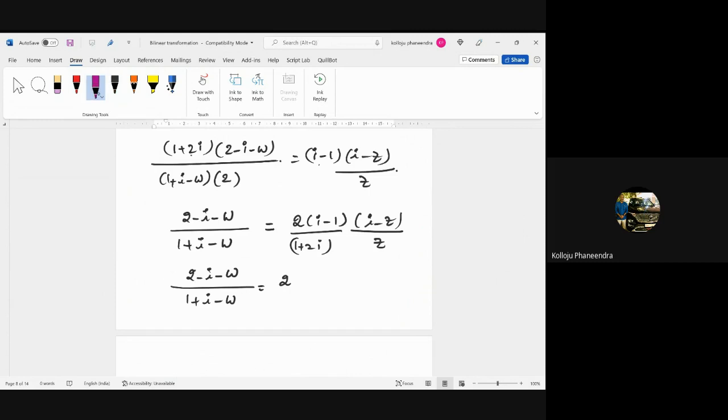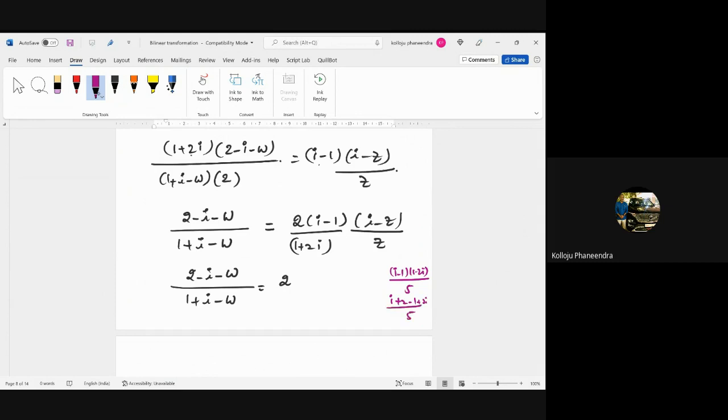Let me take I minus 1 into 1 minus 2I by 1 plus 2I into 1 minus 2I, 1 minus 4I squared, 1 plus 4, 5 I will get, right? Okay. Done. So what is this part? This is I minus 2, means plus 2, this is minus 1, and this is plus 2I by 5.